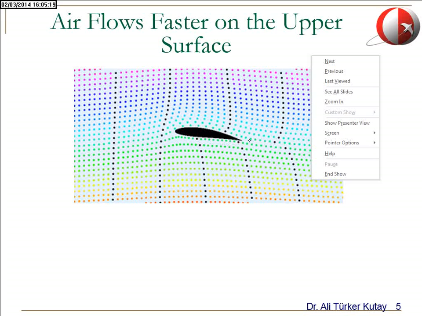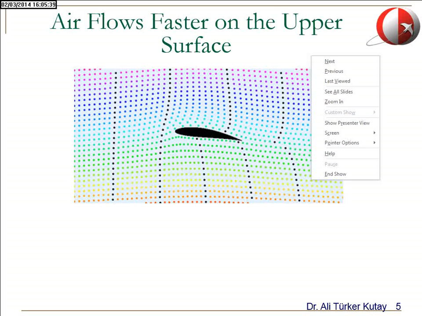There are 18 little dots on the lower surface, and on the upper surface: 1, 2, 3, 4, 5, 6, 7, 8, 9, 10, 11. So 11 dots on the upper surface versus 18 dots on the lower surface.